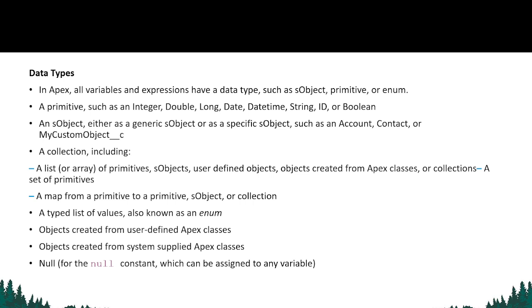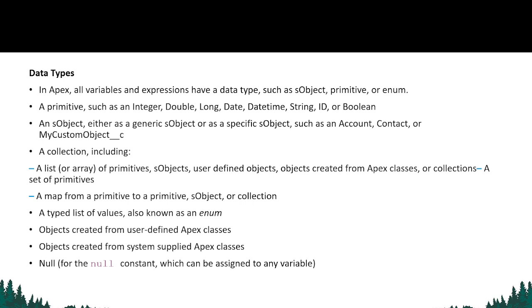Objects are created from the Apex class. Then we have the set, which has a set of primitives, and the map, which is used from a primitive to a primitive. The object can also be created from user defined Apex classes, and objects can be created from system predefined Apex classes.